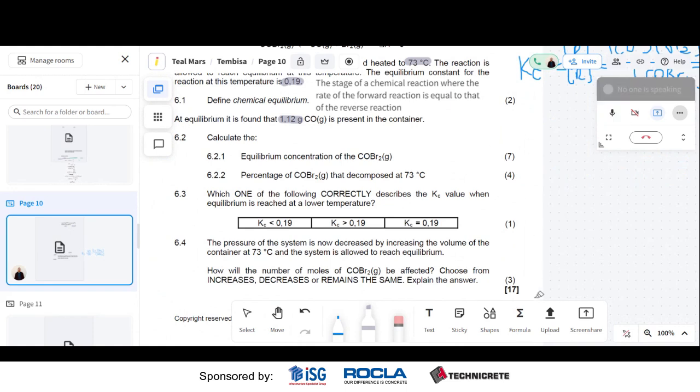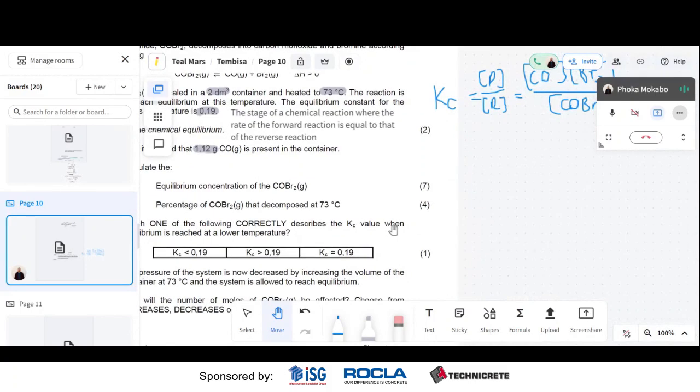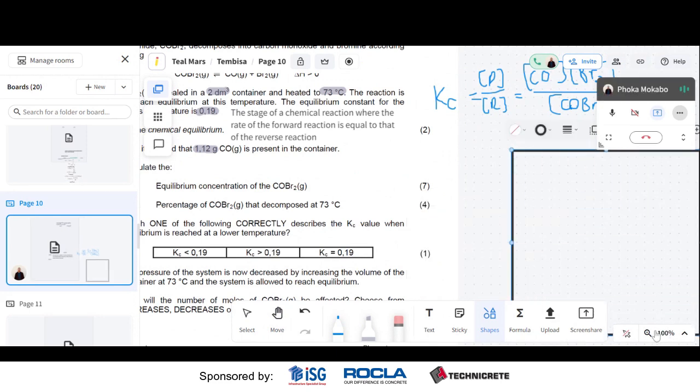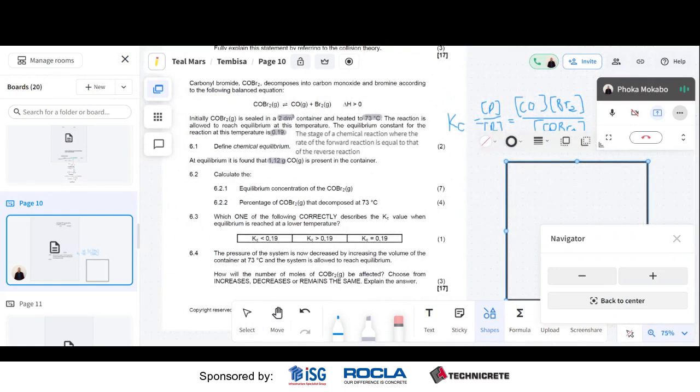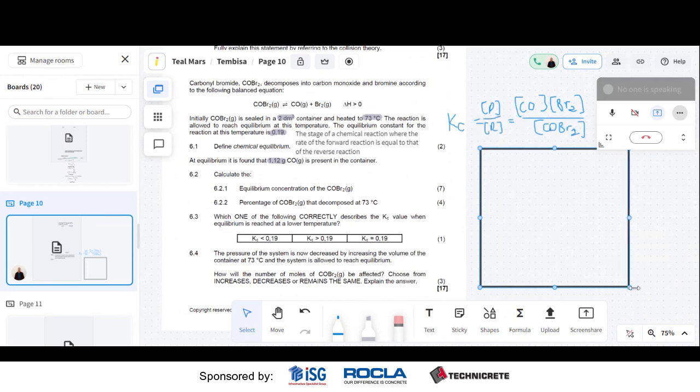To start things off, let's give ourselves some space and set up our table over here. Maybe zoom out to give ourselves that extra bit of space. Make this a bit bigger.